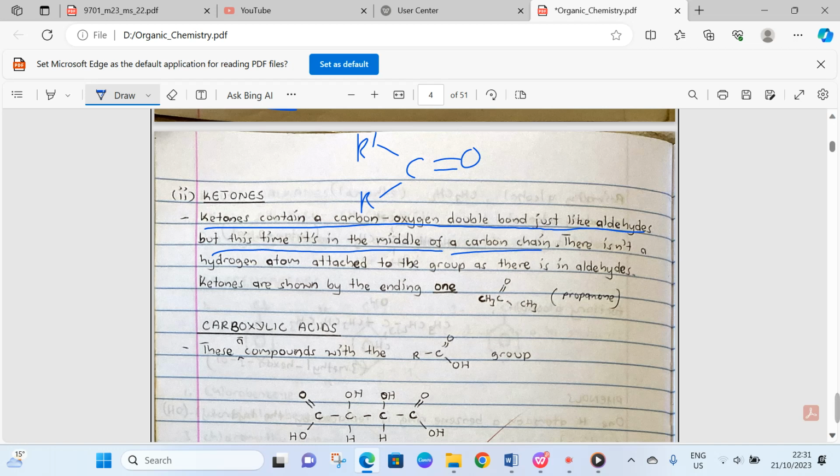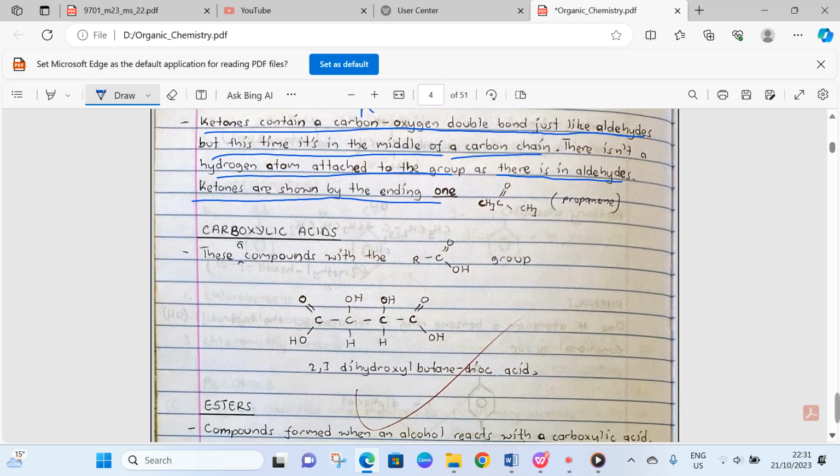There isn't any hydrogen atom attached to the group as there is in aldehydes. A typical example is this one. It's propanone. And ketones are shown by the ending of their name with "one." So it always begins with propanone, butanone, and so forth. It always ends with one, O-N-E.